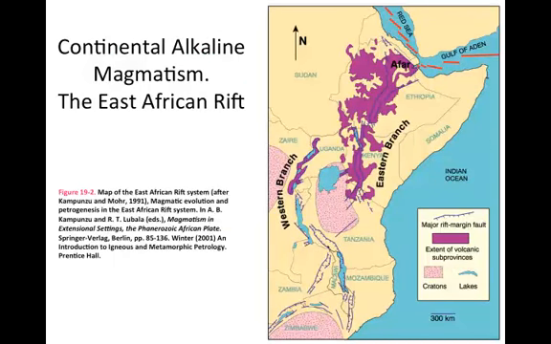You can also find melting taking place or magmas being generated in continental rift zones. Here's an example of the East African rift, where there's a plate boundary that's trying to develop in Eastern Africa.